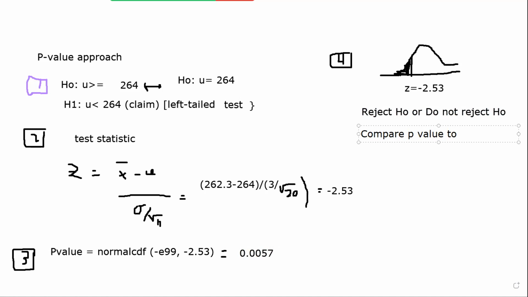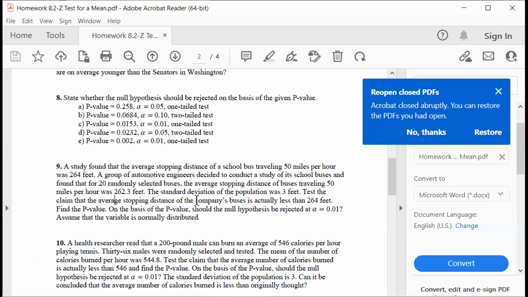Where's alpha going to come from? How am I going to know what alpha is? It comes from the question, right? Alpha will always be in the question, so that's never guesswork. Alpha is 0.01.